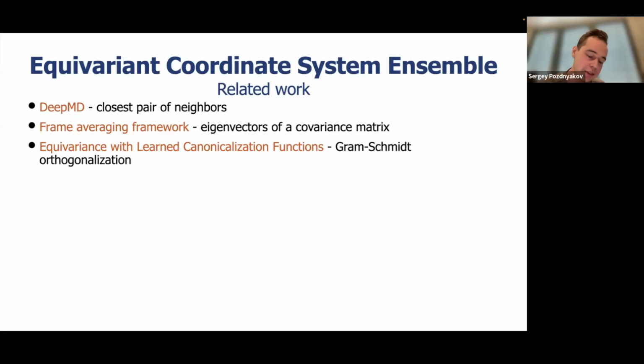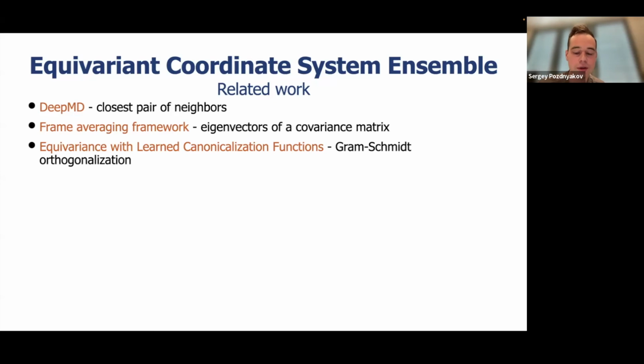The second very nice paper is the frame averaging framework. The idea here is that we can construct a local coordinate system as eigenvectors of a covariance matrix. And for such a construction, there is once again exactly the same problem.